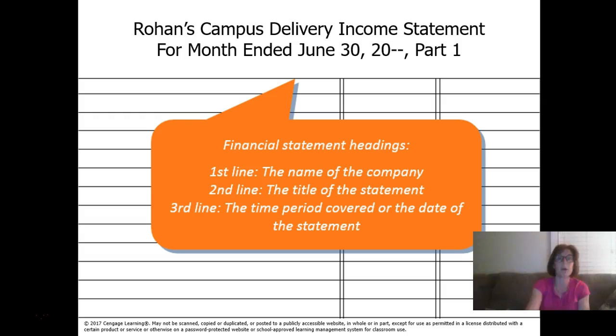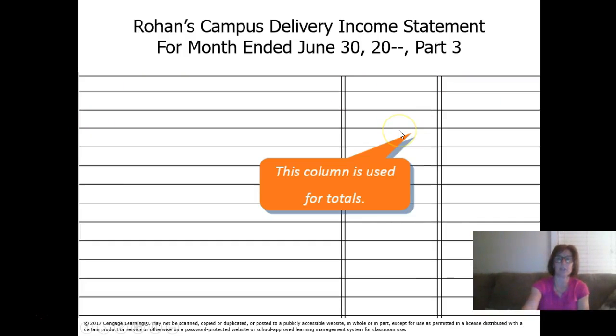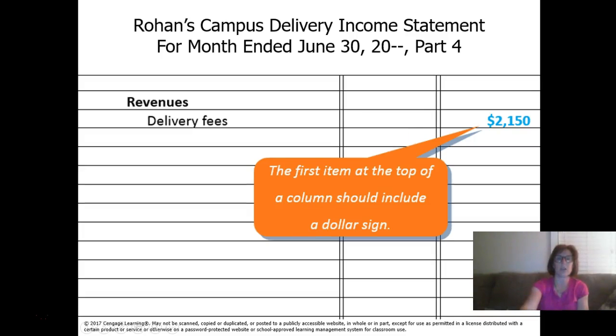And so we're going to have a title for our income statement here as it shows. And then there will be columns. We'll have our accounts listed here down the left, and then, you'll see in a second, our total columns.